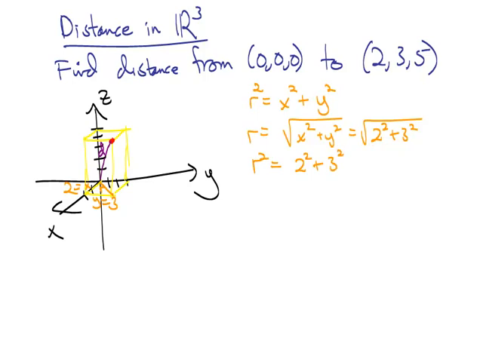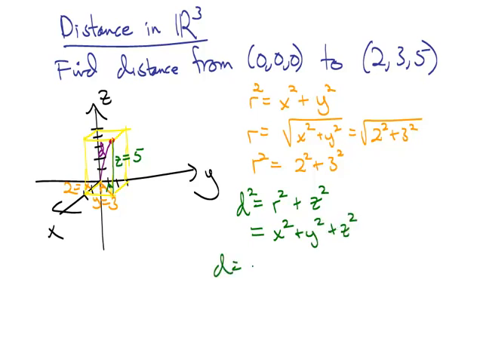Well, again, Pythagoras tells us that if we take this right triangle right here, this is our z-axis, which is equal to 5, and so that line segment d is the hypotenuse of this right triangle, with one leg being r and the other leg being z. So d squared is equal to r squared plus z squared. R squared is equal to x squared plus y squared.